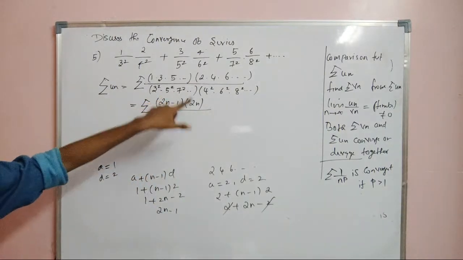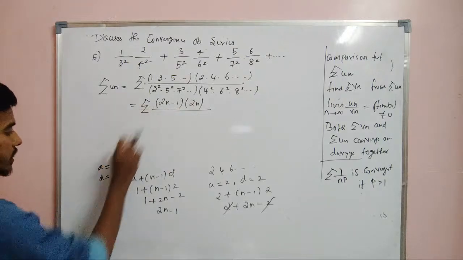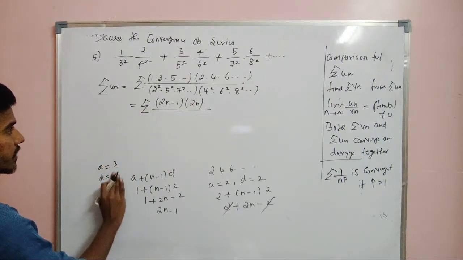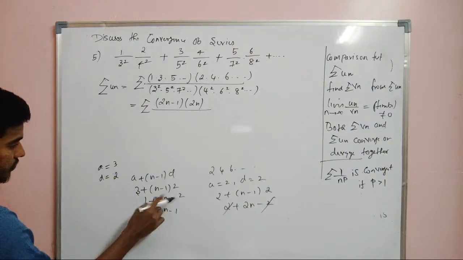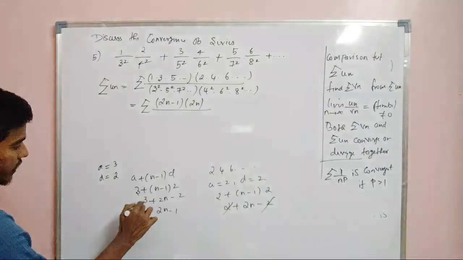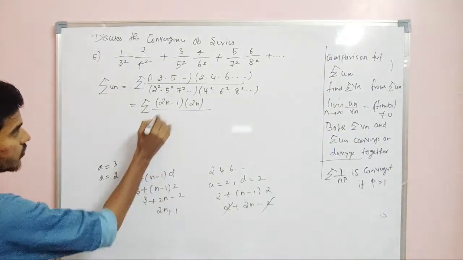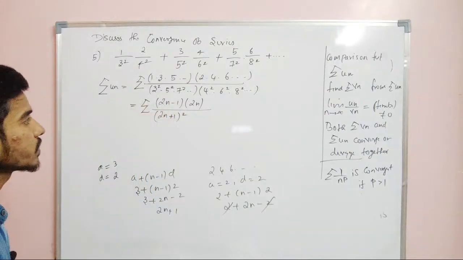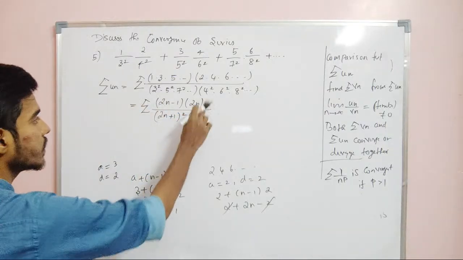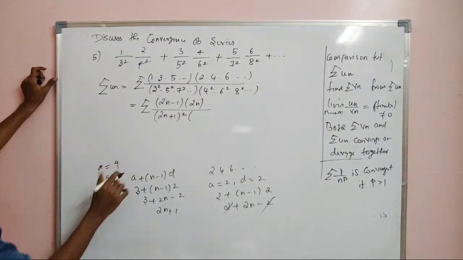So 3, 5, 7, and so on. So again for here a is 3 and d is 2. So this will be 3 plus (n minus 1)2. This is nothing but (2n plus 1) whole square, because we have square in each term. And again, a is 4 and d is 2.